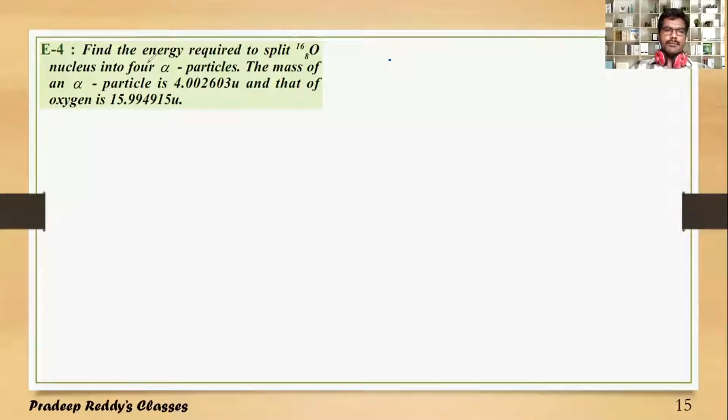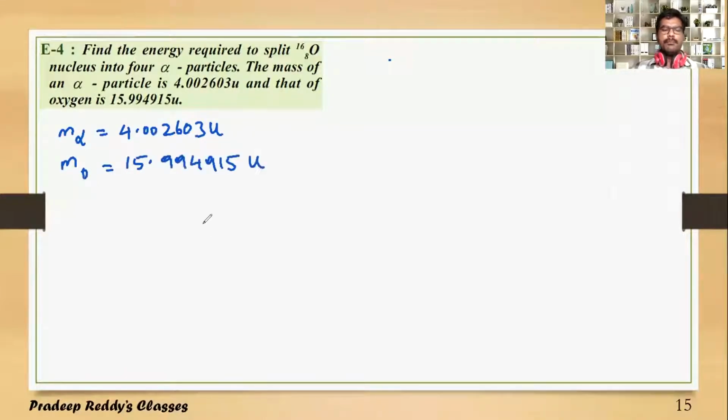So in this problem, you are supposed to split oxygen 8,16 into 4 alpha particles. The mass of alpha particle is given as 4.002603 AMU, and the mass of oxygen is 15.994915 AMU.